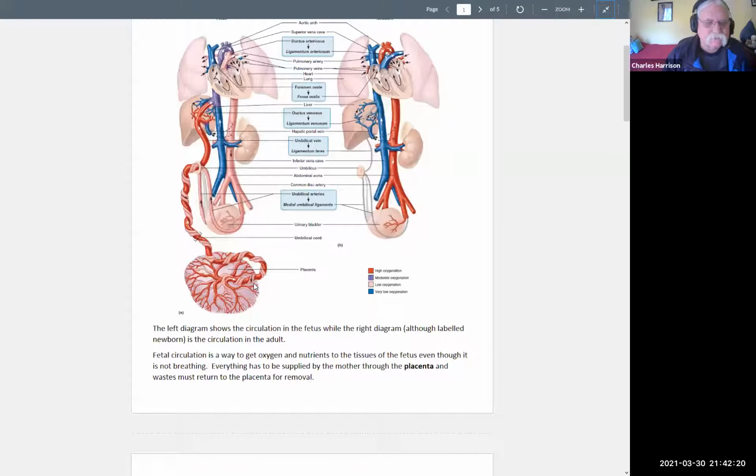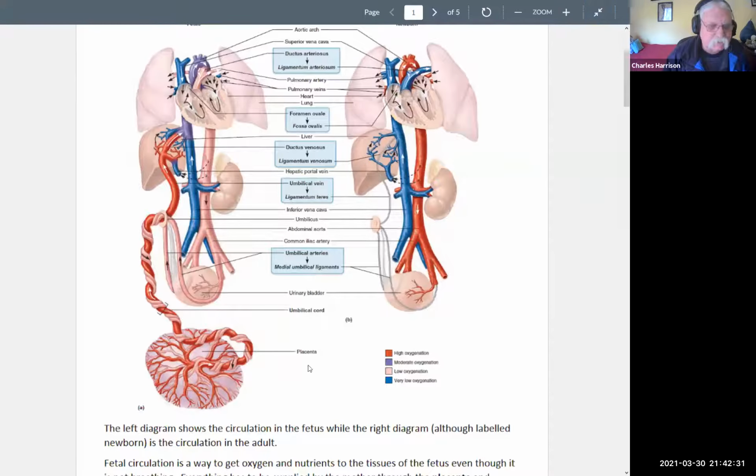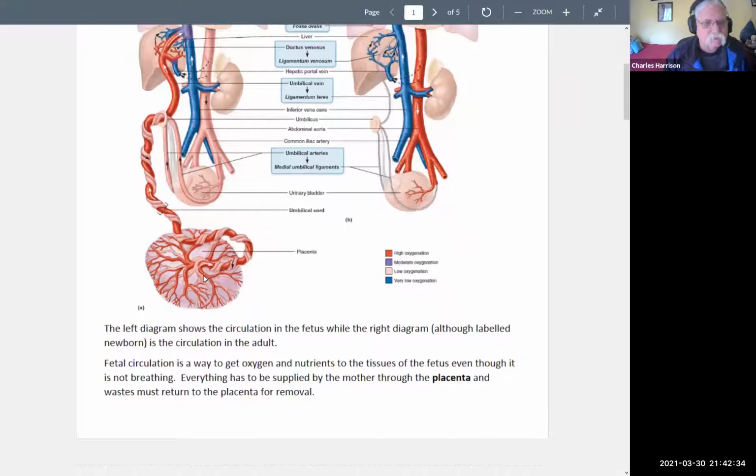Well, the place where gases exchange, those gases being CO2 and oxygen primarily, and where nutrients exchange, is going to be in the placenta. Here's the placenta. Oxygenated blood comes from the mother and enters into the red vessels you see here, and one large red vessel goes up and through the belly button, or the umbilicus, as we call it.